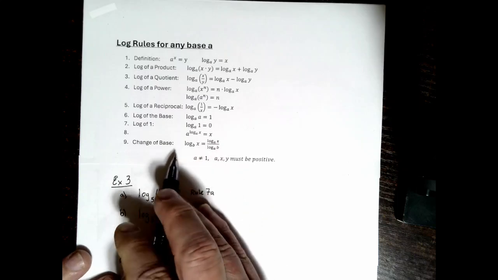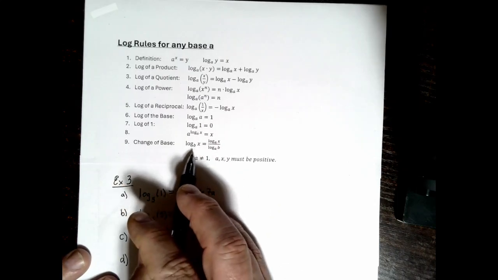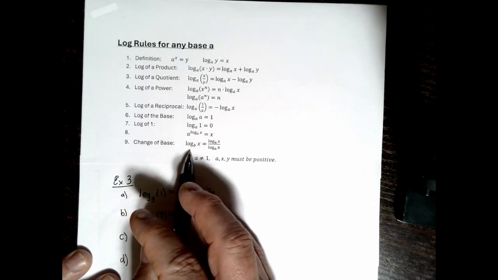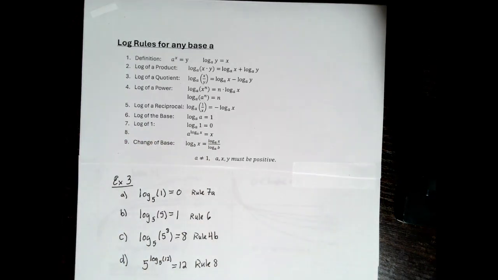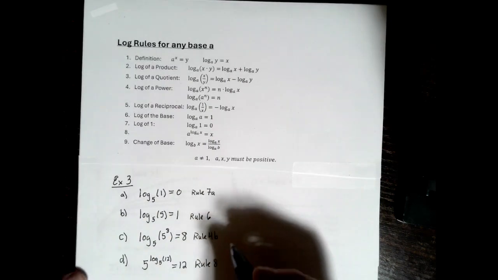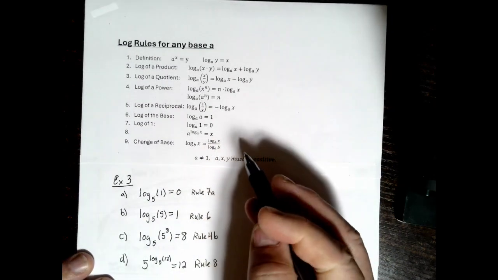Then finally, change of base formula. If your calculator can't do the log base function, which you find by typing in math, type math and then arrow down to A, and when you hit enter you get log base, and that will allow you to type in any base you want and any number you want.